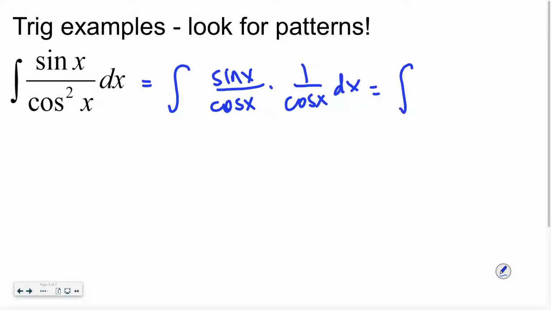And you changed it to tangent secant? Who did something different? U equals cosine.